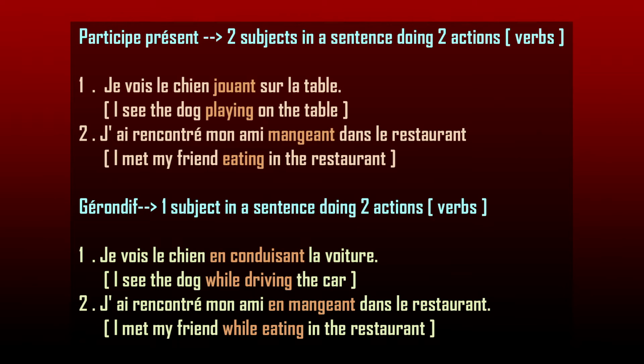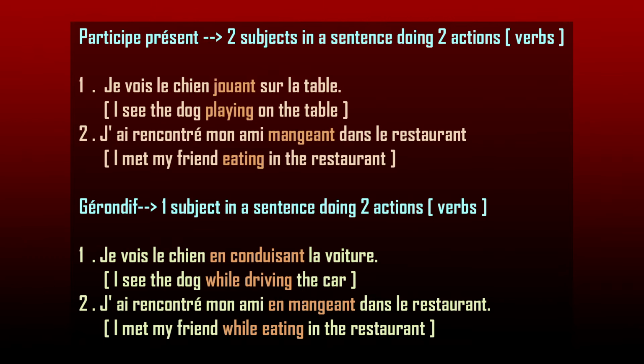I am the first subject. I see the dog playing on the table. The dog is the second subject doing the action of playing. So there are two different subjects, I and dog, two verbs, seeing and playing. Two subjects doing two actions.